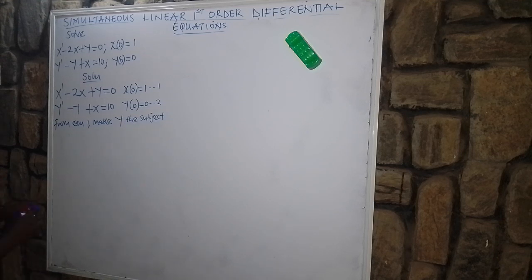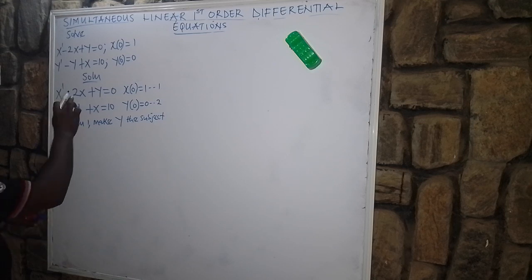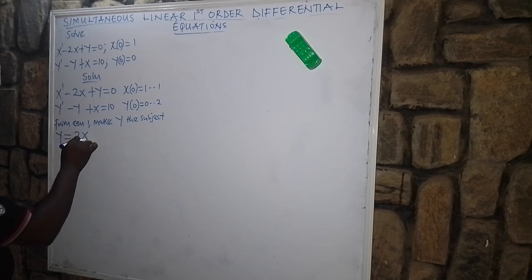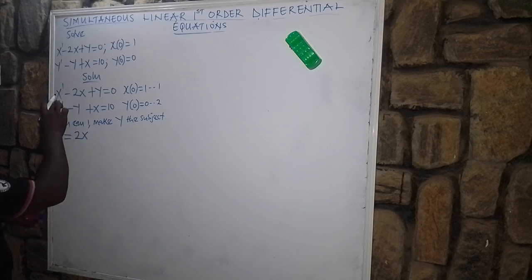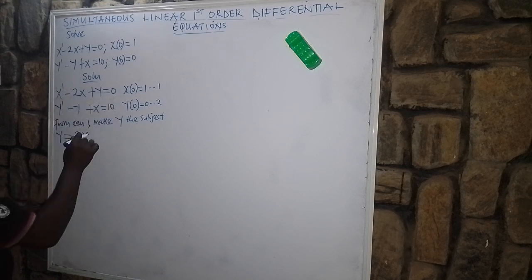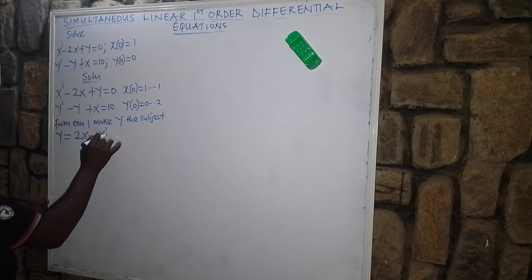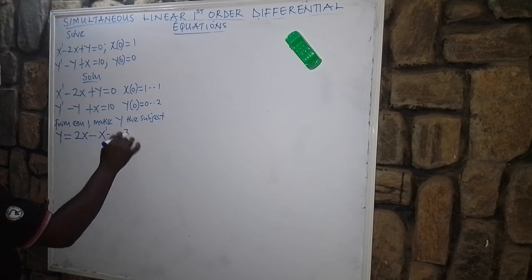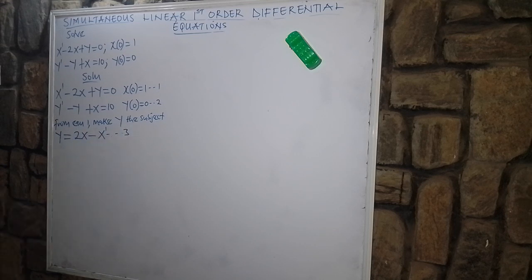If we make y the subject, it means y will now be equal to 2x, since this term crosses the sign of equality and becomes plus, then x prime crosses the sign of equality and becomes minus x prime. We assume this one to be equation 3. Do you agree with me?